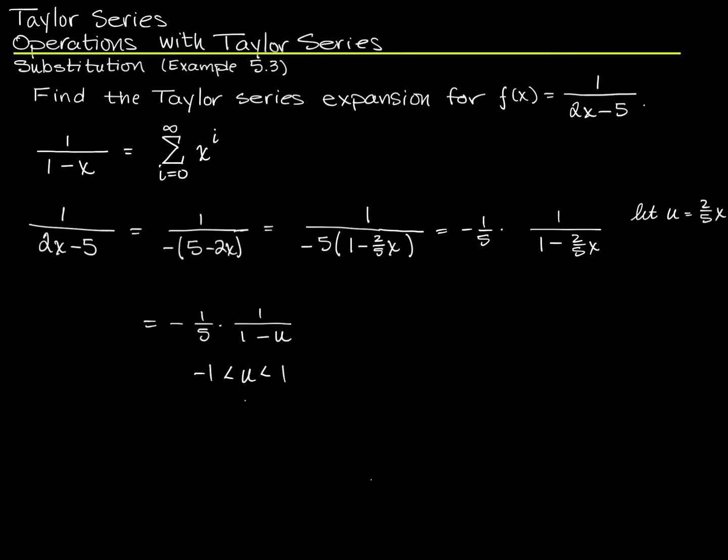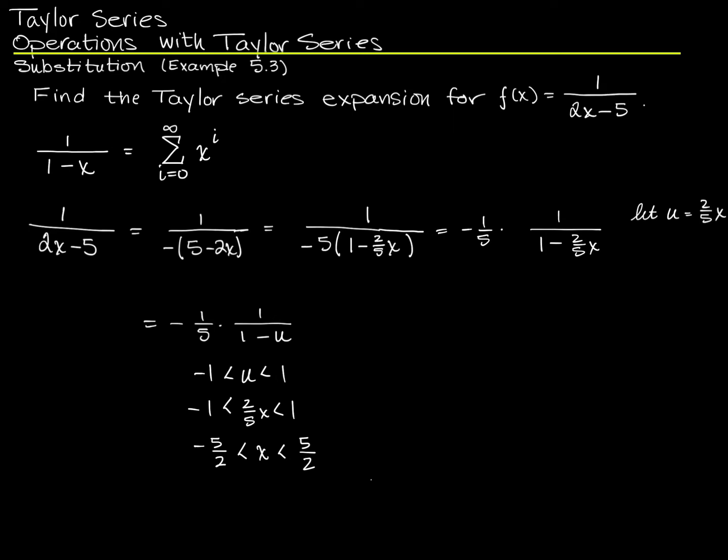Well, u is 2/5 x. So for 2/5 x to be between negative 1 and 1, x must be between negative 5/2 and 5/2. So I have this restriction on my given function.